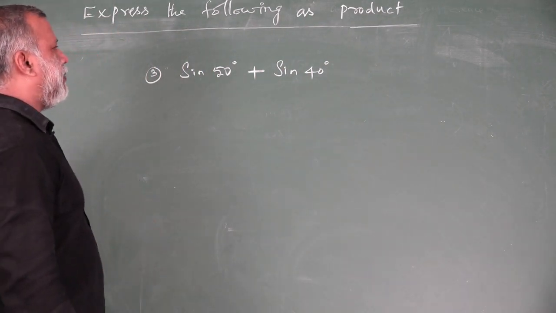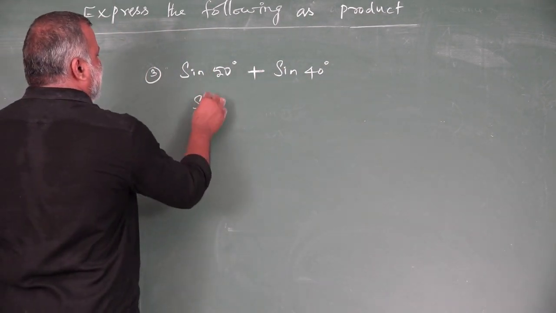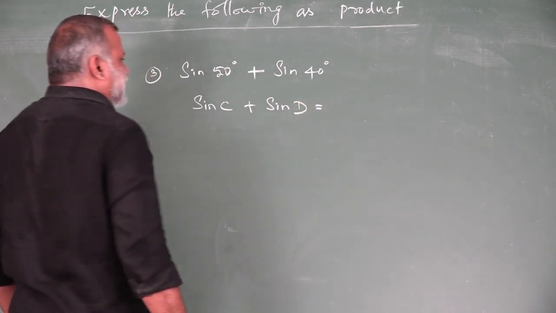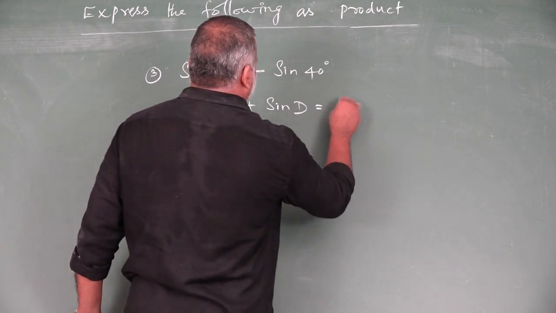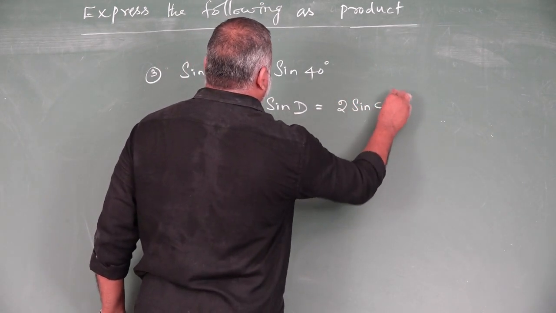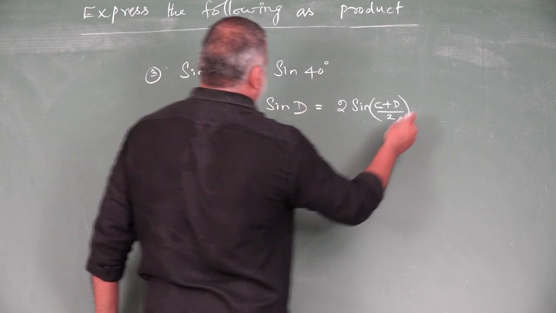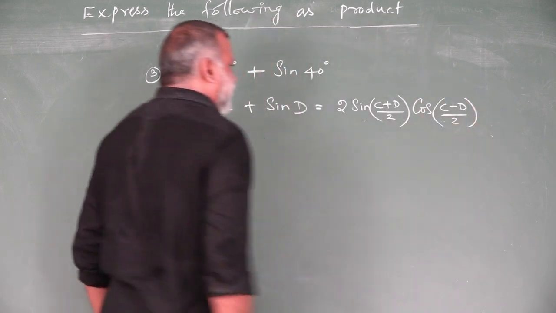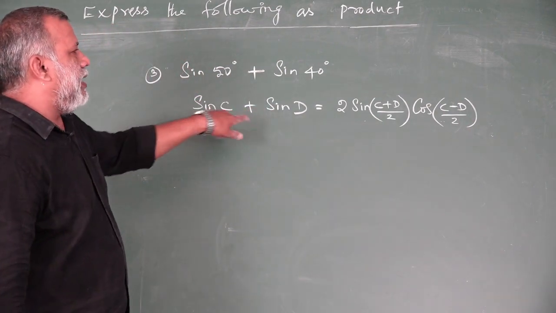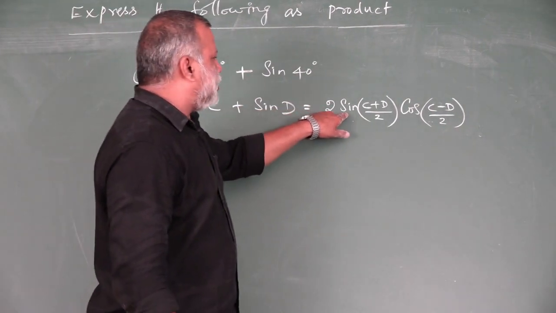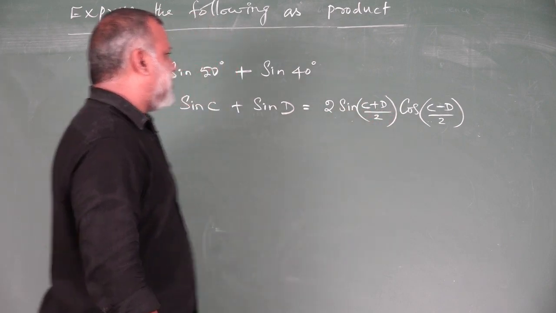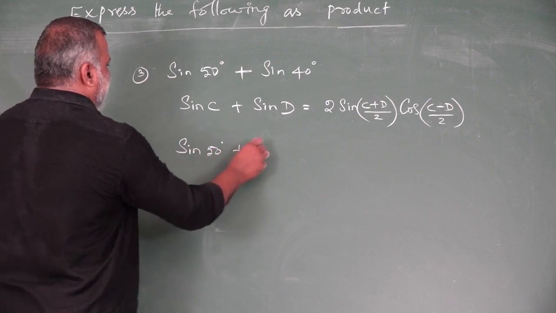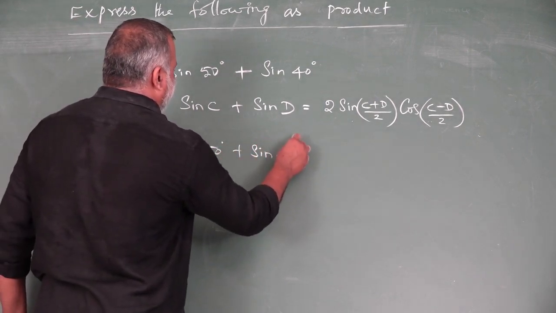Relate this with sin C plus sin D, which equals 2 sin((C plus D) by 2) cos((C minus D) by 2). Now C is replaced by 50 and D is replaced by 40.